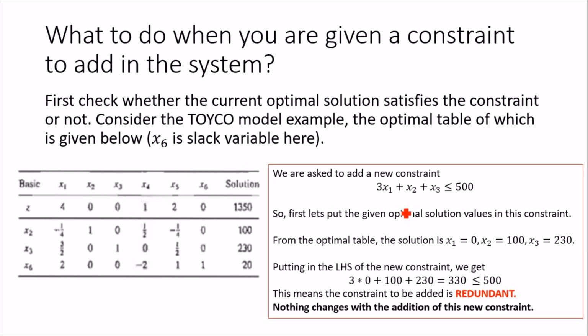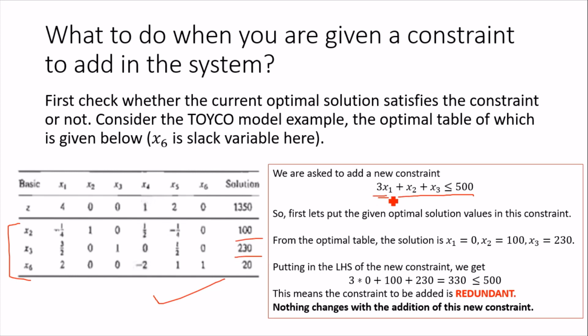The first thing we have to do is substitute the optimal solution into the constraint. Always you are given the optimal table whenever you are doing any question of sensitivity analysis. From the optimal table you read the optimal solution. I can see that x1 is 0 because x1 is not in the basis, x2 is 100, x3 is 230.